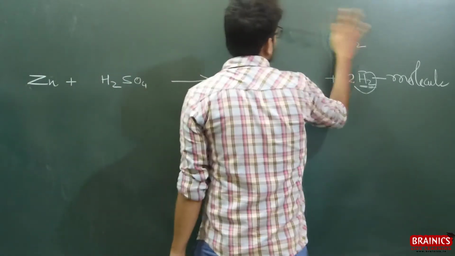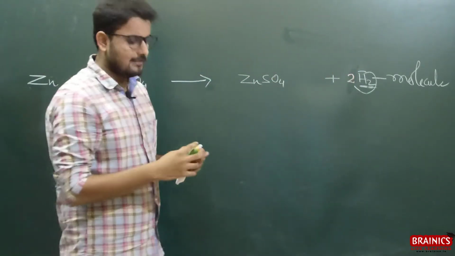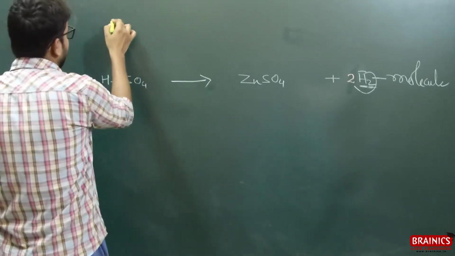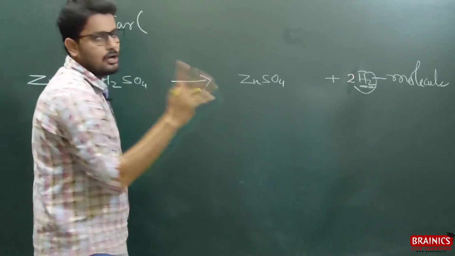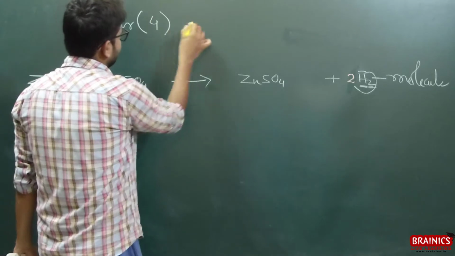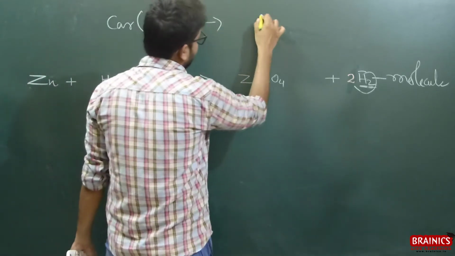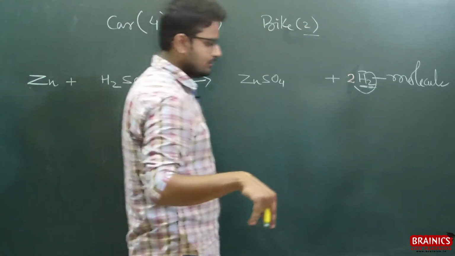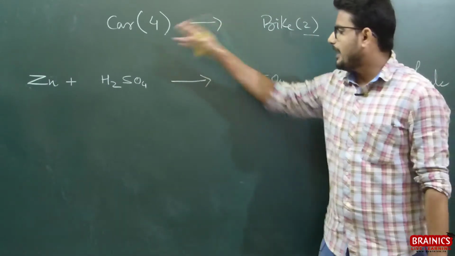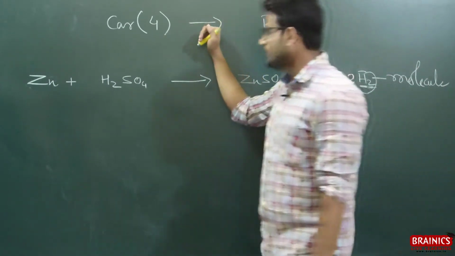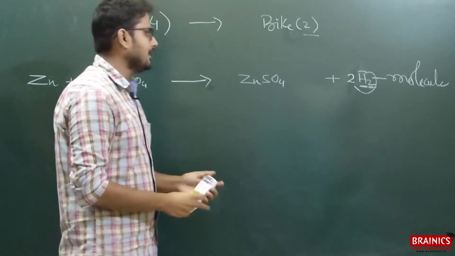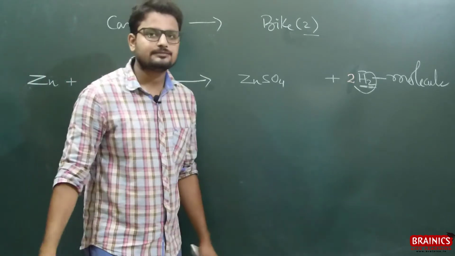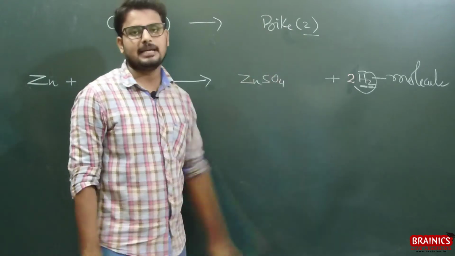Let's take a day-to-day example like a car. Suppose I put a car which has 4 wheels, and a bike which has 2 wheels. If I ask you to balance the number of wheels on both sides, you can remove 2 wheels from the car, or add 2 more wheels to the bike.